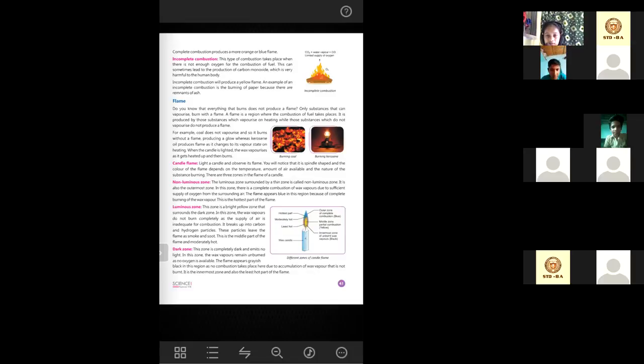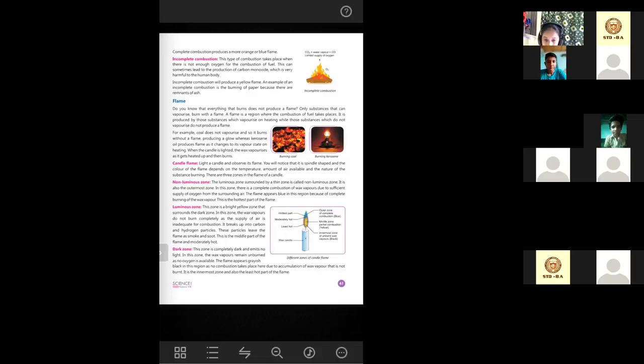Okay, it's okay. Now the luminous zone, the next zone or the middle part. The color is bright yellow, and it surrounds the dark zone. So the luminous zone is present exactly between the non-luminous zone, the outermost zone, and the dark zone, the innermost zone.